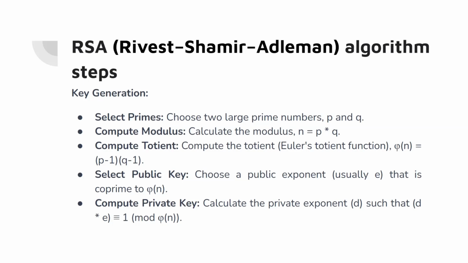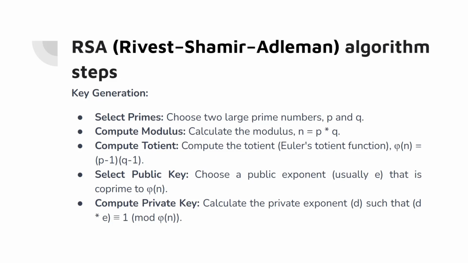And then we have our private key calculation, which is the private exponent D, and is computed such that D times E is equivalent to 1 modulo phi of n.